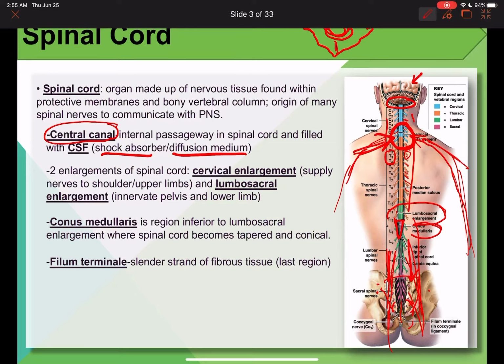And my way of remembering this is that filum sounds kind of like final, okay? And terminale spells a lot like terminal. So it's kind of like the final terminal section of the spinal cord, which should represent the very end of the spinal cord.